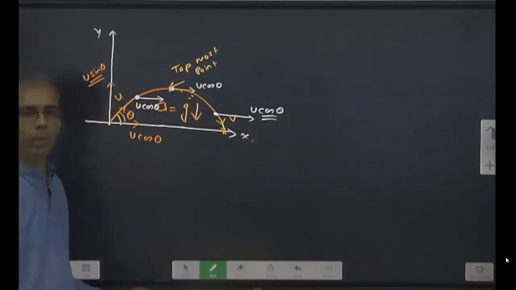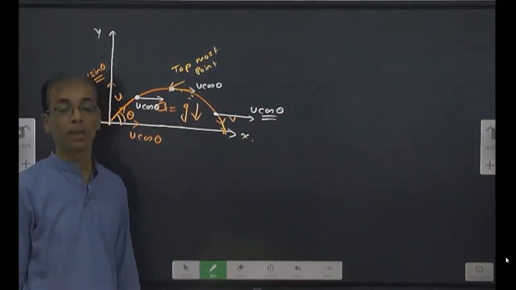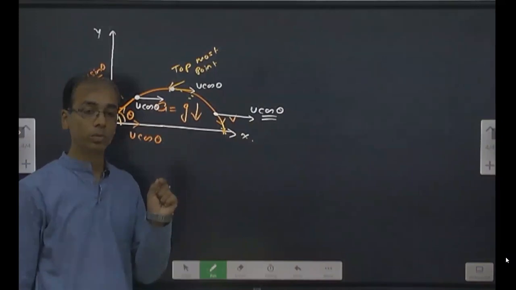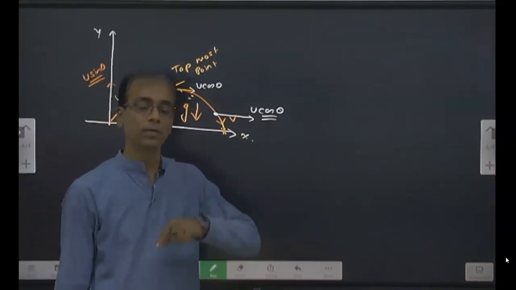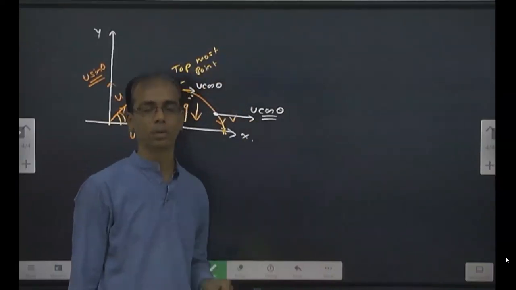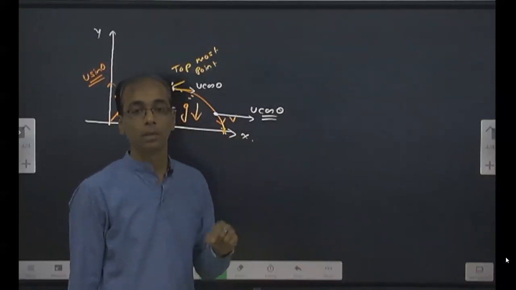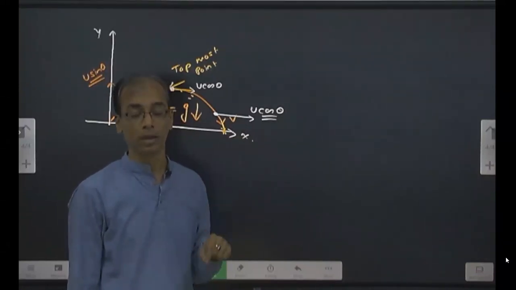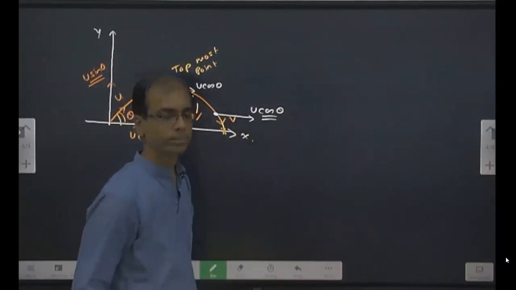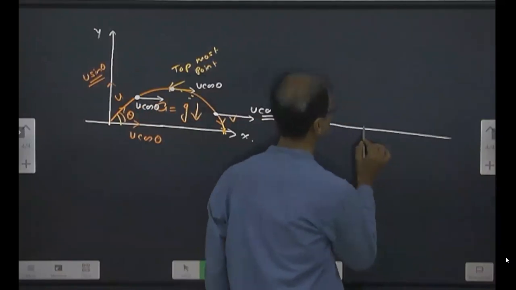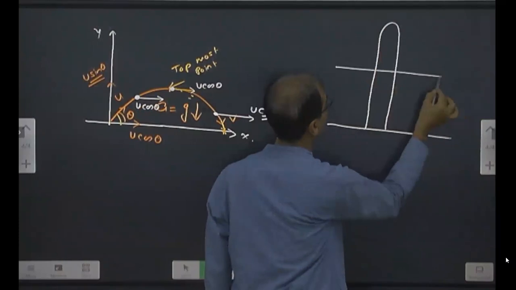Okay. Now, one concept I'm bringing from motion under gravity that we studied. If you remember, I told you, if you are throwing the particle from the ground, then the particle first goes up and then comes down. At any height, the magnitude of velocity will be the same while going upward and coming downward.